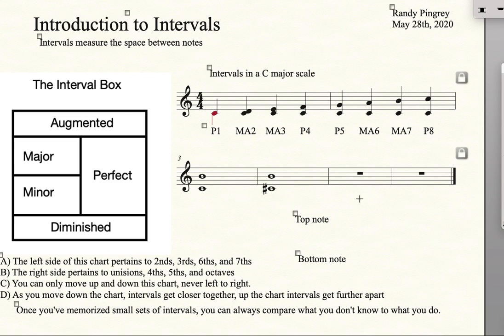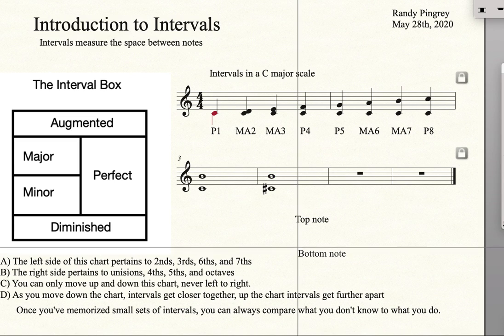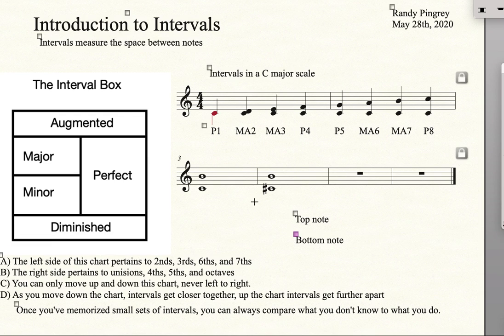And then what we're changing about this interval is we're taking the bottom note and we're raising it. So this interval is a half step closer together than C to B. So C to B is major. The two notes get closer together. That means C sharp to B is a minor seventh.